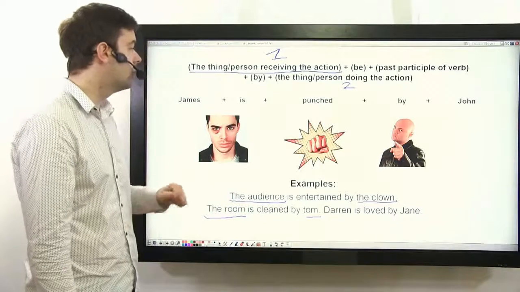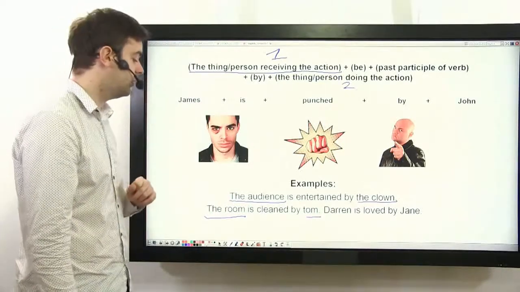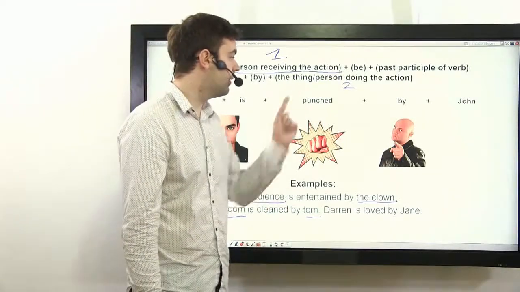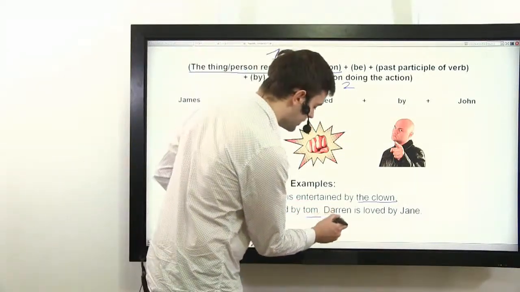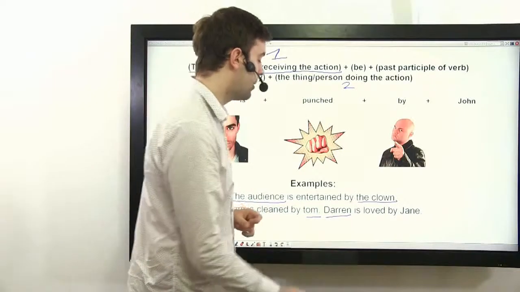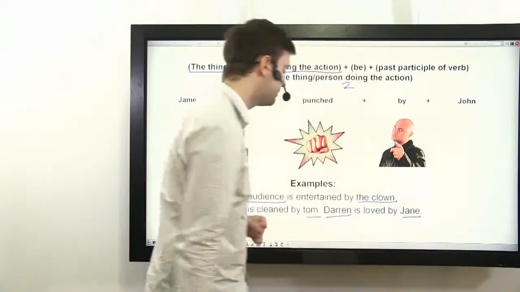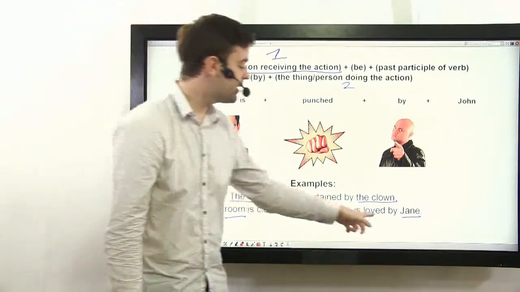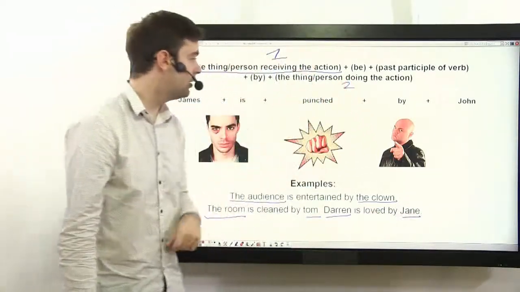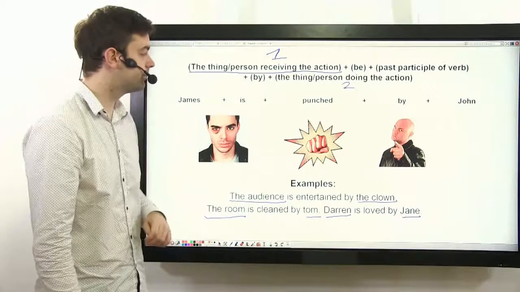So the room, the thing or person receiving the action, is cleaned by Tom, the person doing the action. Darren is loved by Jane. Darren, the person receiving the action, is loved by Jane, the person doing the action.